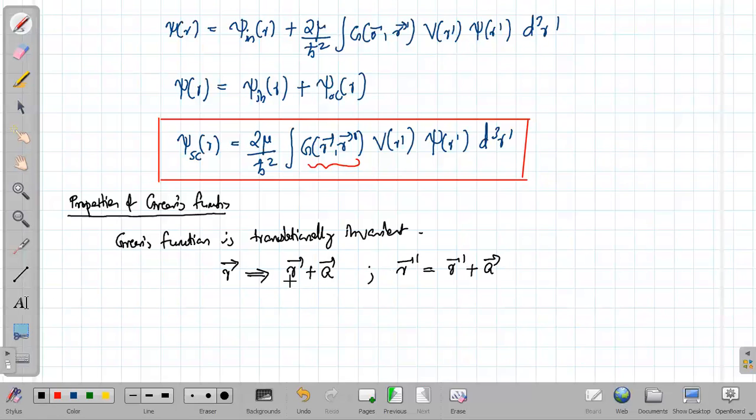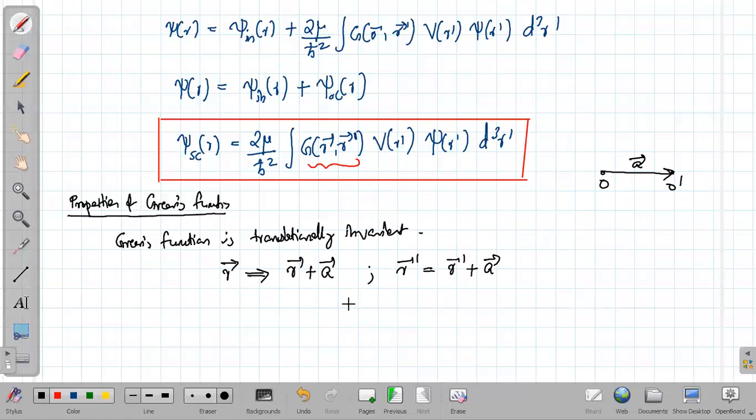So it is called a translation. Suppose you have some origin here and you change the origin to a new origin, separated by the distance vector a. So if you change r to r plus a and r prime to r prime plus a, then the Green's function will not change.